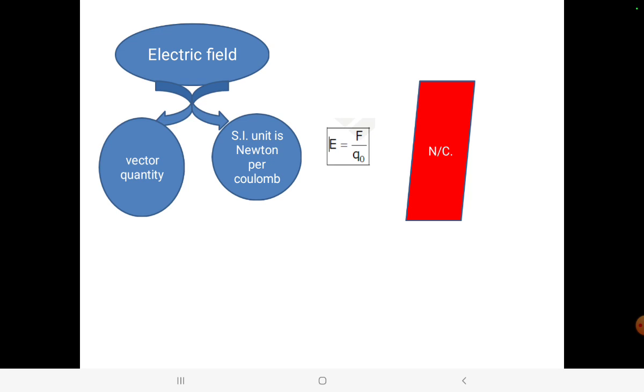Why? Because E equal to F by q naught. The unit for force F is Newton, and the unit for charge q naught is coulomb, so it is Newton per coulomb. Here in red it is mentioned, N by C, which is the unit for electrical field.